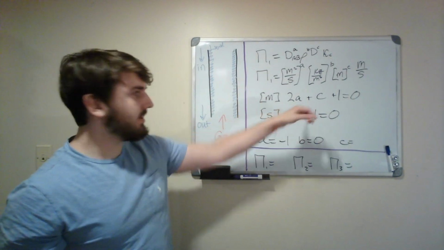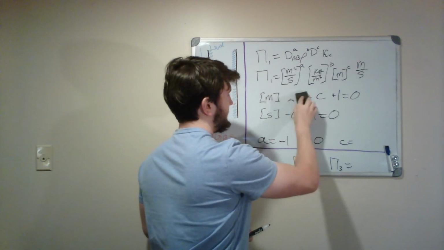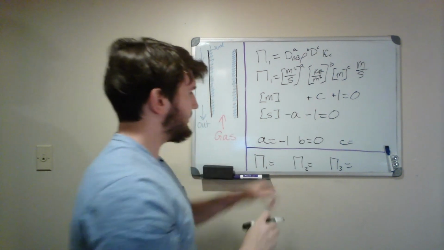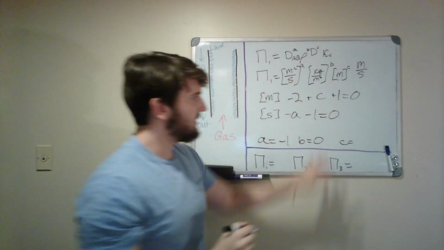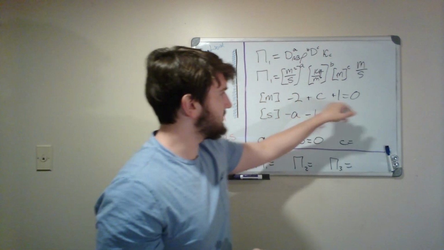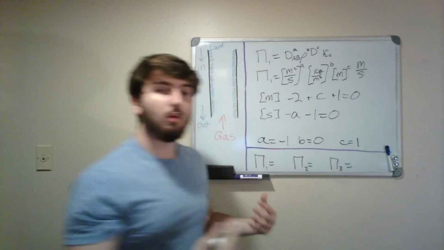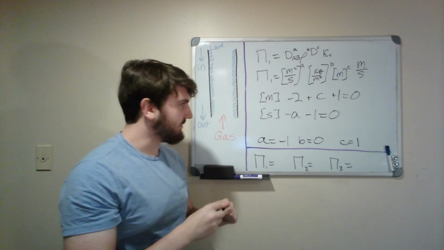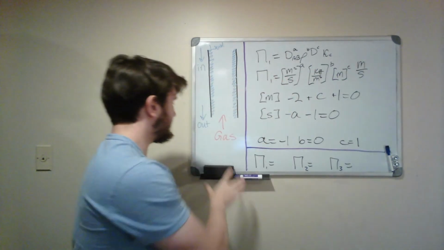That's great for up here, because now we can erase that 2A, and since A is negative 1, that's going to just be negative 2. Now we have one variable here, we can solve for that and find that C must equal 1.